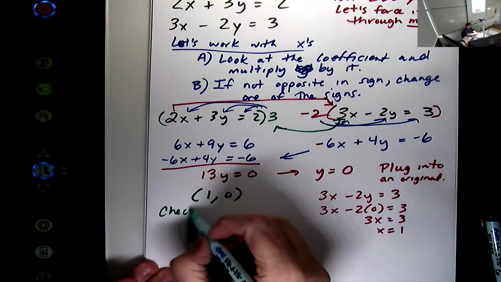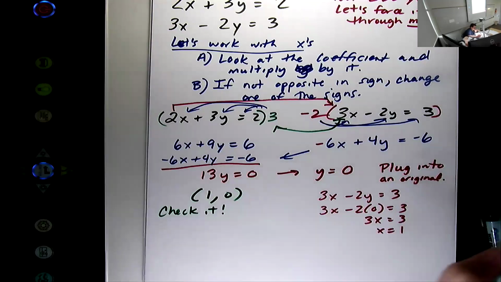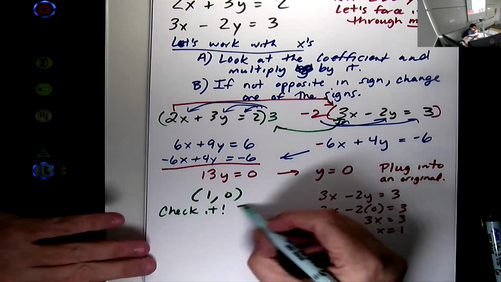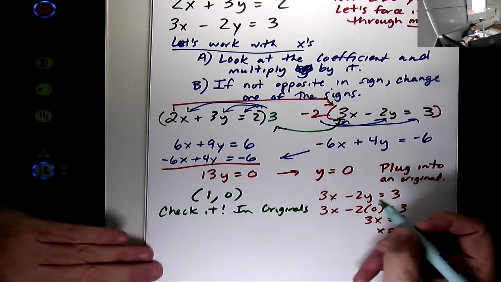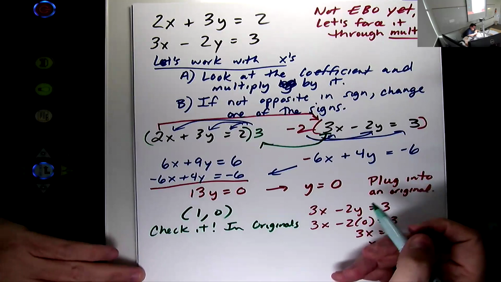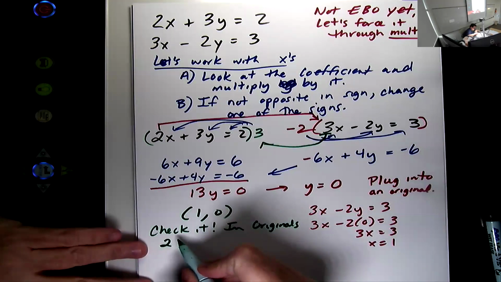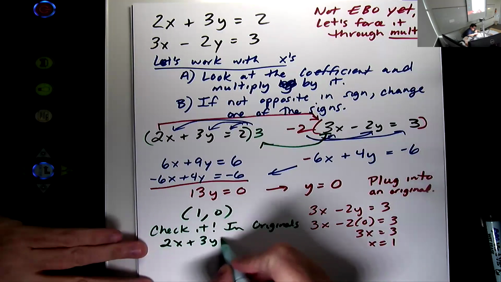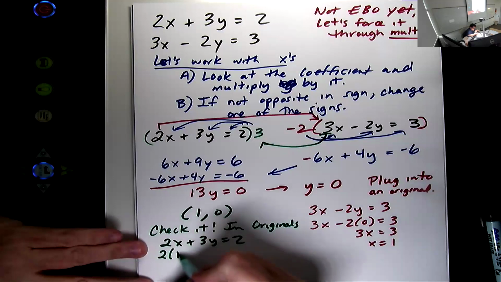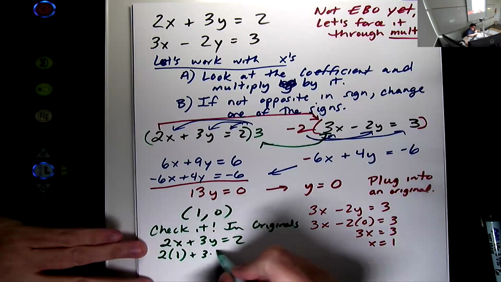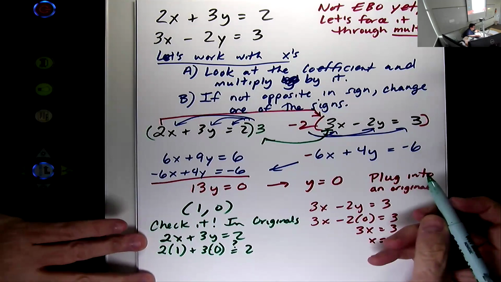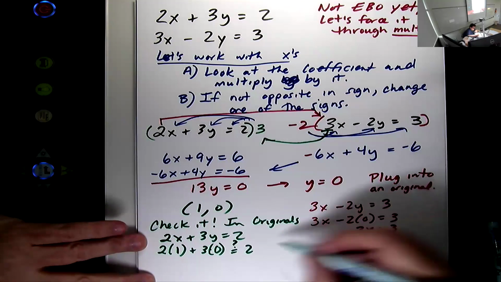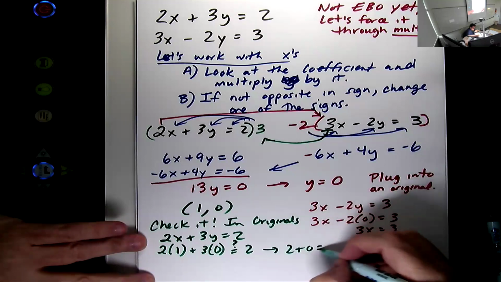Let's check it in the originals. So 2x plus 3y equals 2 becomes 2 times 1 plus 3 times 0. Does that equal 2? 2 plus 0 equals 2.